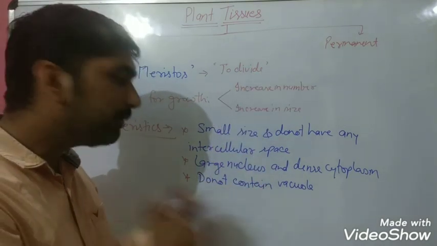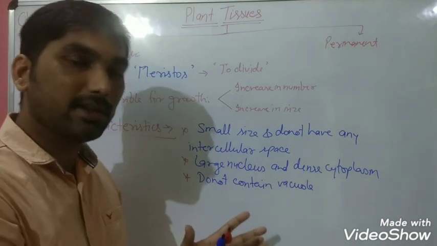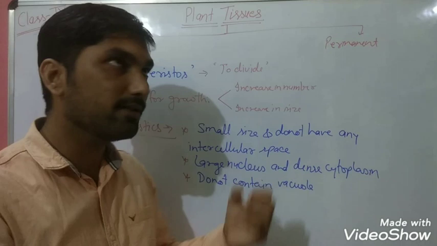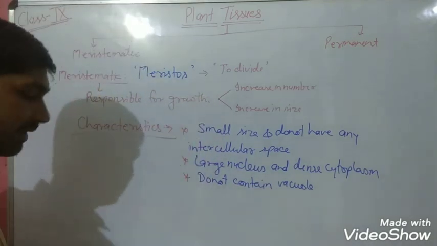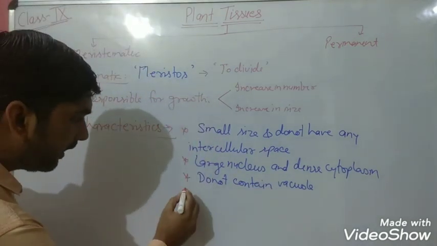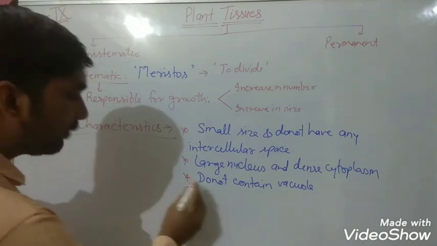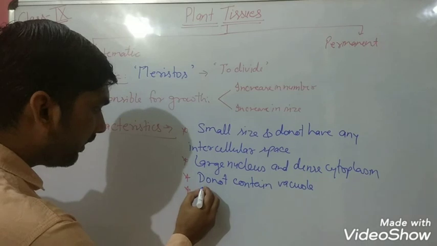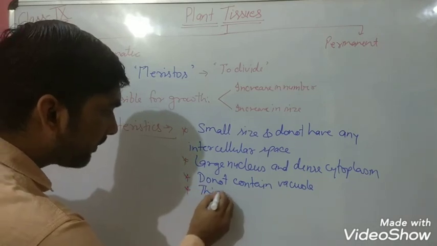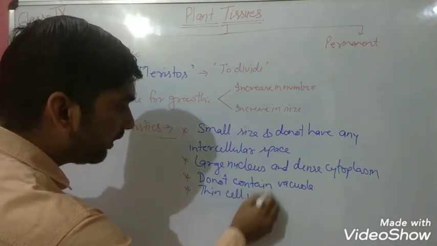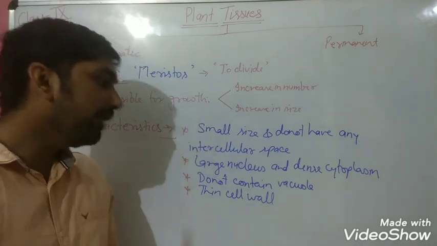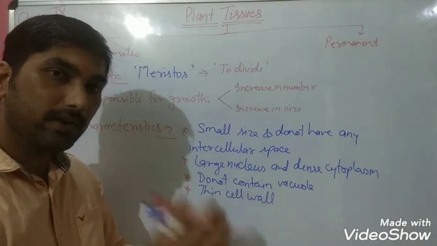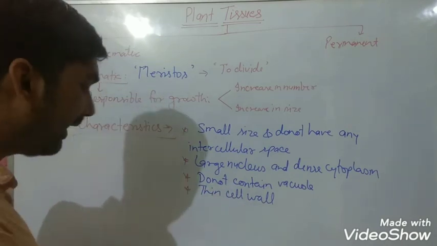Vacuoles are absolutely absent, or in few cases if they are present, they will be of very small size. Now, what is the next feature of these cells? That they contain a thin cell wall, because they do not get time to increase in size, so their cell wall is very thin, and they are going to divide themselves.